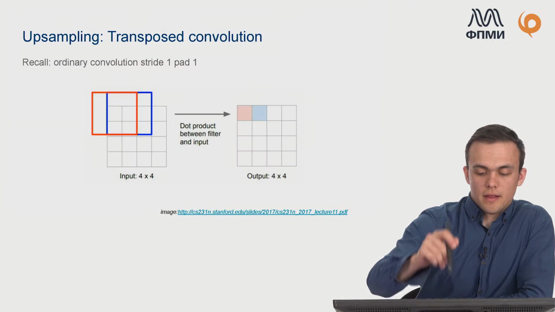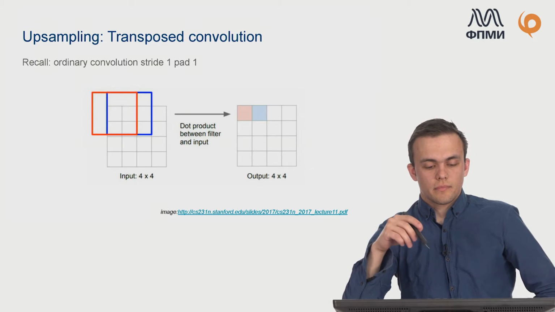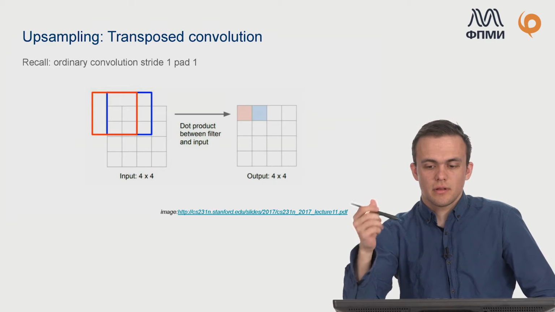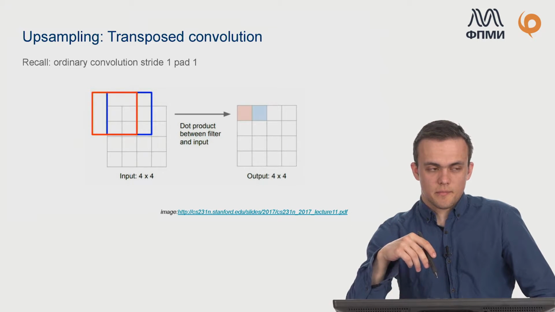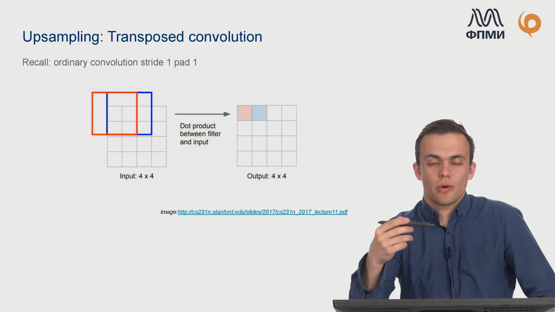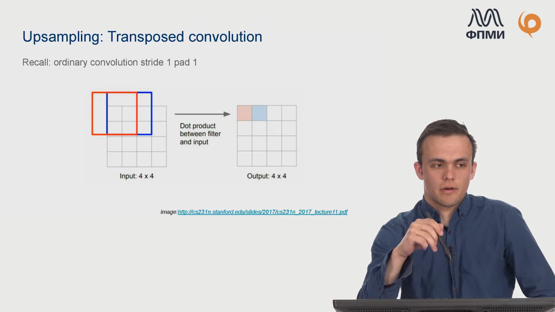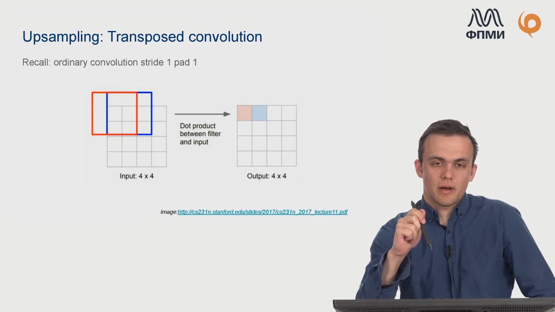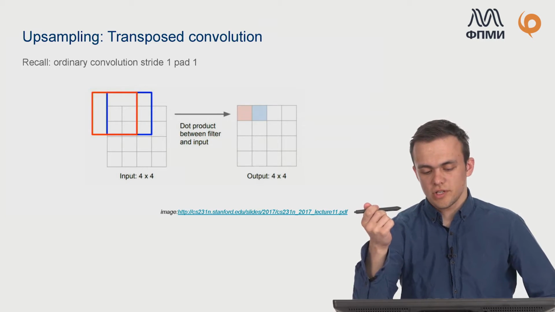So let's just discuss how we can upsample this. How we can upsample our filter images. So let's just recall what convolution is.